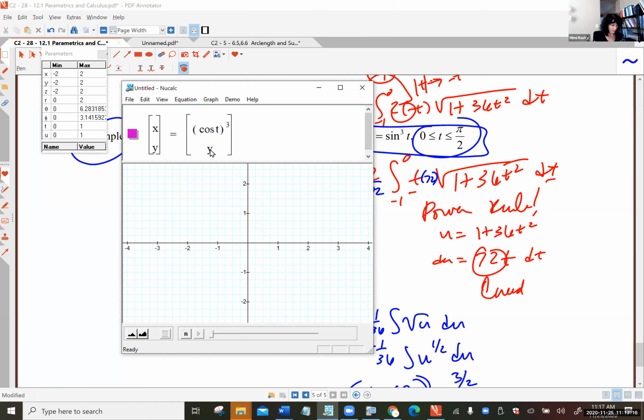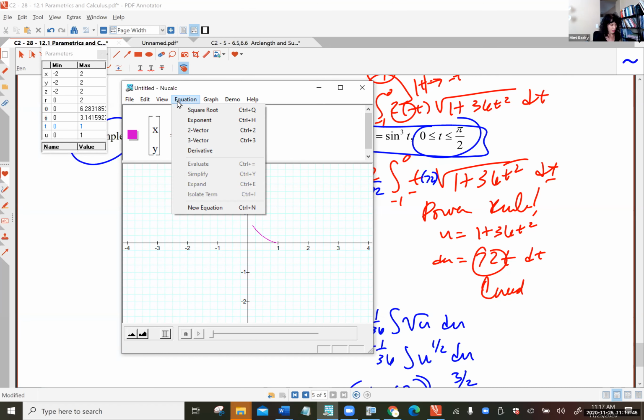And then down here, what was it? Sine of t cubed. I wonder if I could do this. Let's just see if it lets me do it. Cubed. No, it doesn't like it. Never mind. Oh, no, don't get rid of the whole thing. Please don't do that. Okay, so I got to do this. Sine t cubed. Okay, there we go. Now let me just hit it. Oh, it's only giving me a part. Oh, bummer. I hate that.